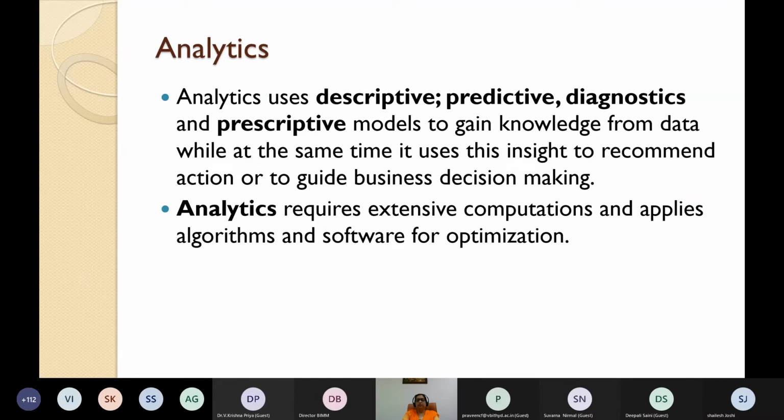As we saw in the graph, we make use of descriptive, predictive and prescriptive models to gain knowledge from data, while at the same time using this insight to recommend action or guide business decision making. So analytics requires extensive computations and applies algorithms and software.